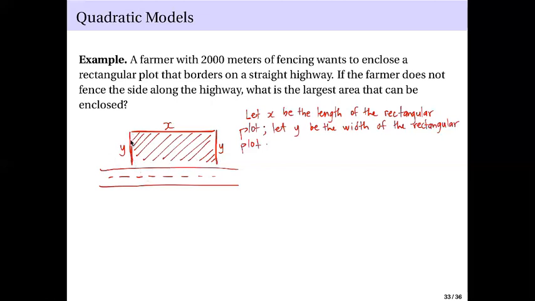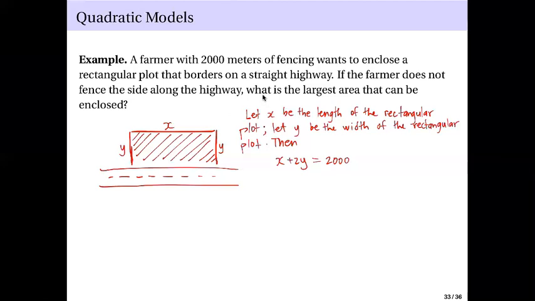So the length of the fencing material is 2,000 meters. Therefore, if you add y, x, and y here, you should get 2,000 meters. Okay? So then, we have x plus 2y. This is equal to 2,000 meters.